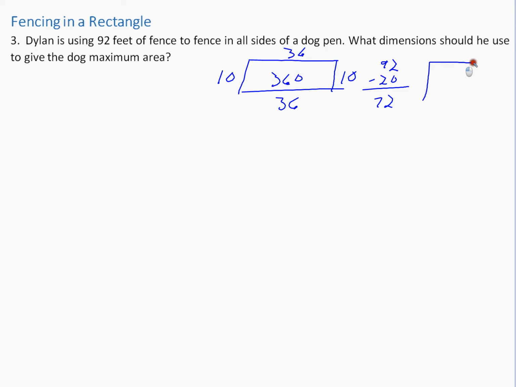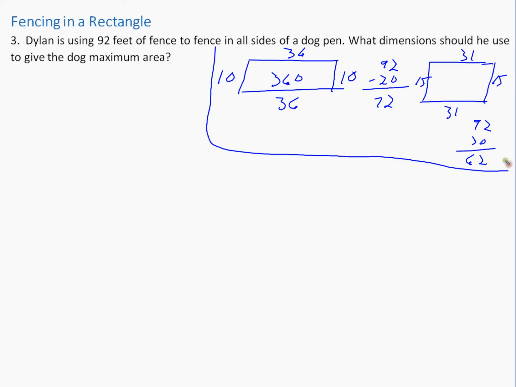Maybe we could make this 15 and 15, which is 30, so 92 minus 30 is 62. Dividing that by 2 is 31. And so we could do 31 times 15, and that would give us that area. We want to maximize the area.